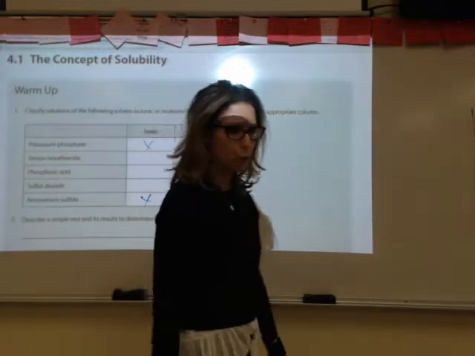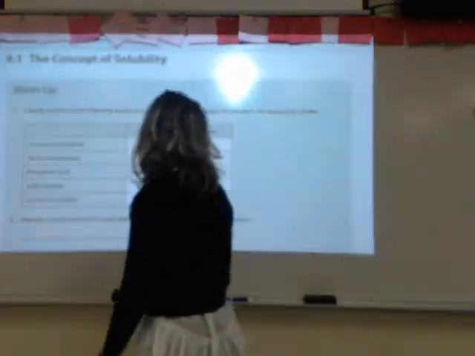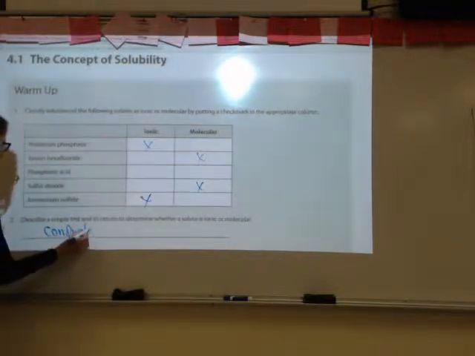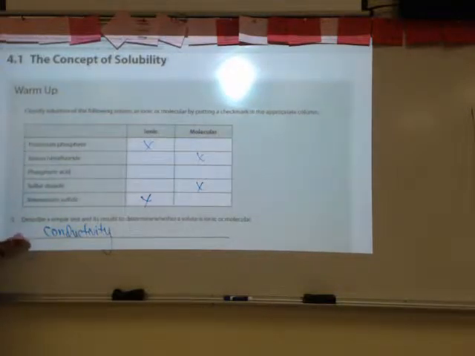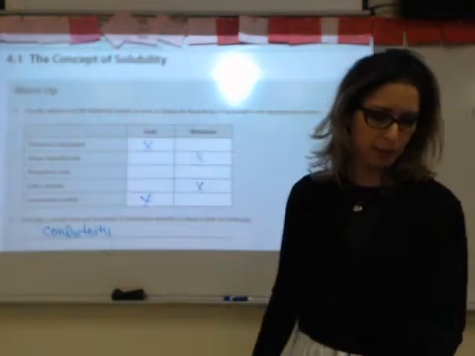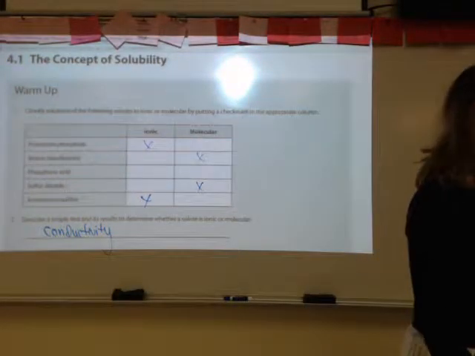Okay, so for this one, I would say get a conductivity probe and take your solution and put the electrodes in the solution, and if the light bulb lights up, it's ionic. You have freely moving ions. So you would want to test for conductivity, okay? Because molecular compounds do not have freely moving ions. They will not conduct.